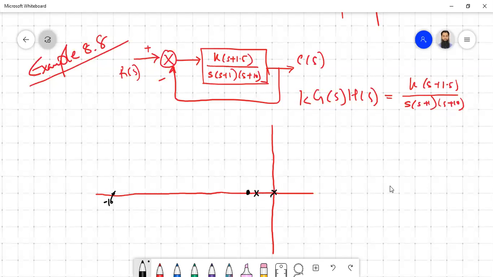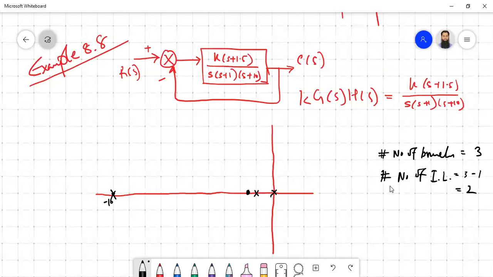So tell me how the root locus should look like. Definitely the number of branches has to be 3 because we have 3 poles. The number of infinite lines should be 3 minus 1, so 2.